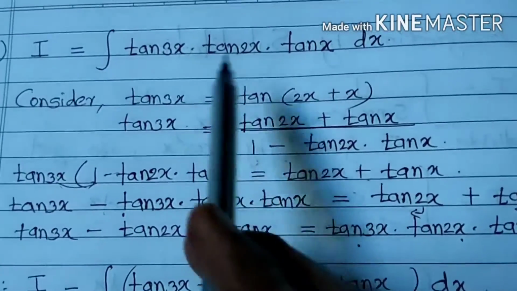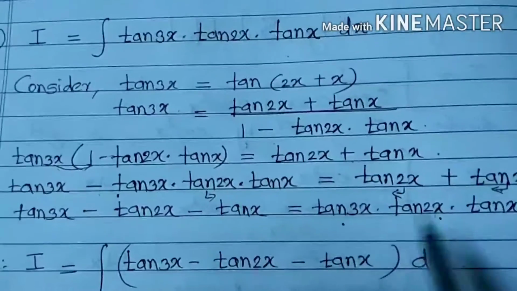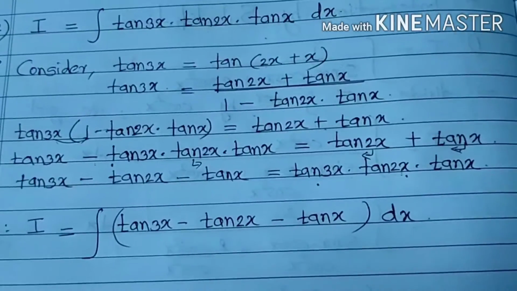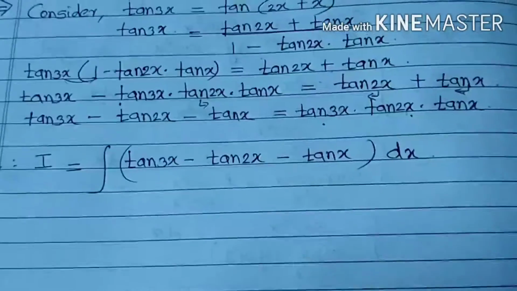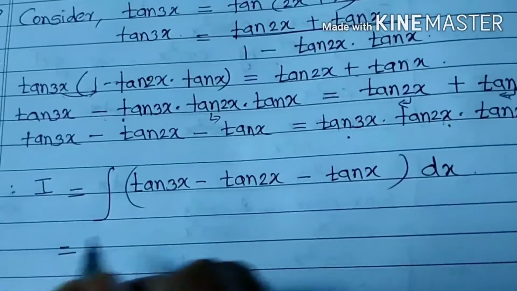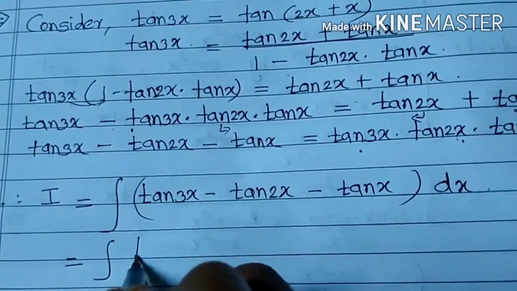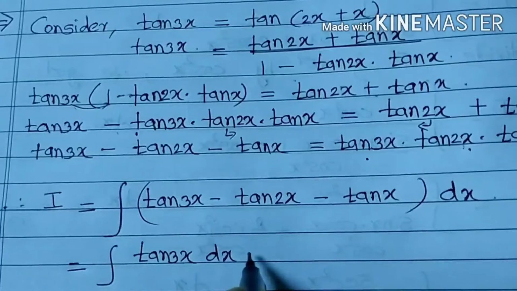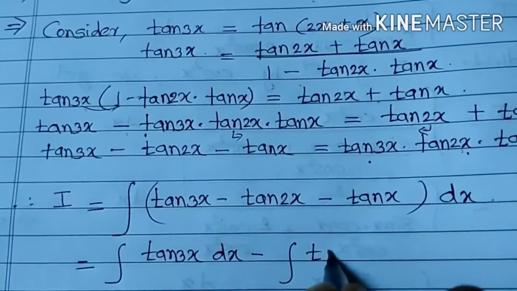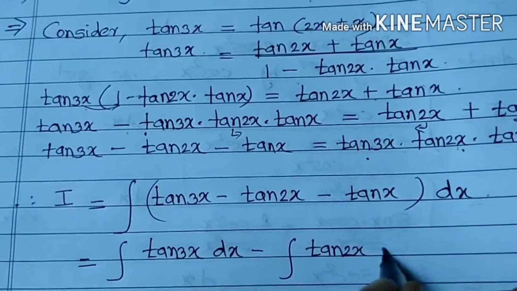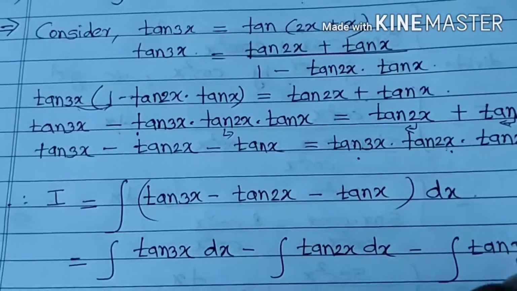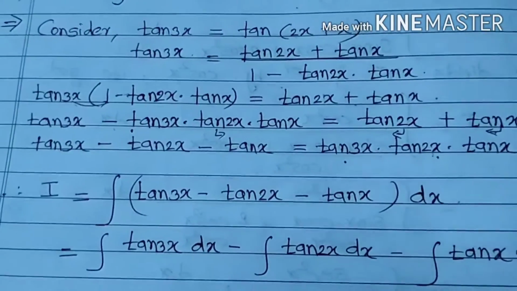You can observe there is multiplication, and here we get minus. So it is very easy to integrate. Now separate the integration: integration tan 3x dx minus integration tan 2x dx minus integration tan x dx.